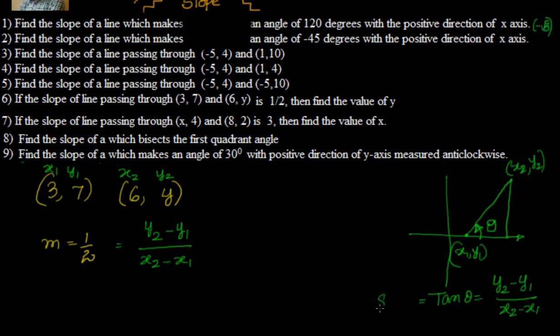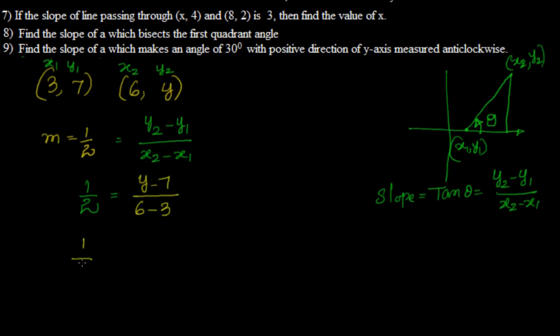This is nothing but equal to slope. So, extending that, half equal to y2 minus y1 by x2 minus x1, that is y minus 7 by 6 minus 3.